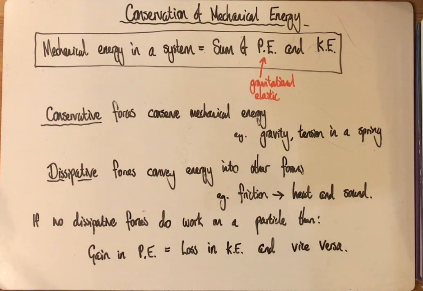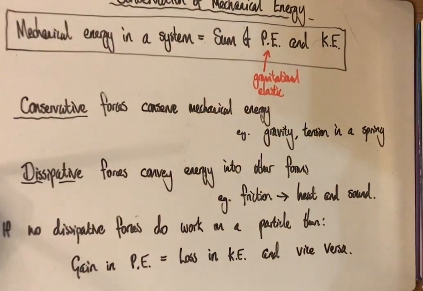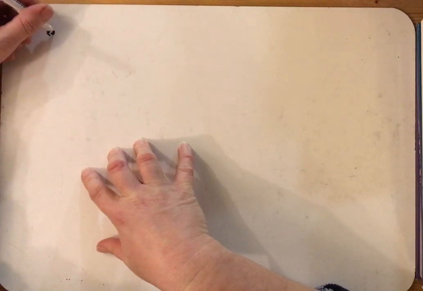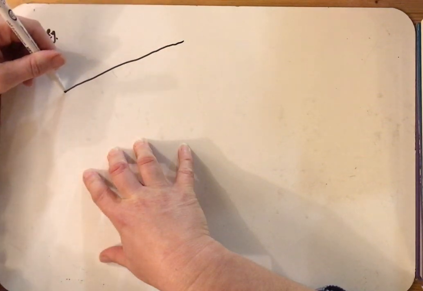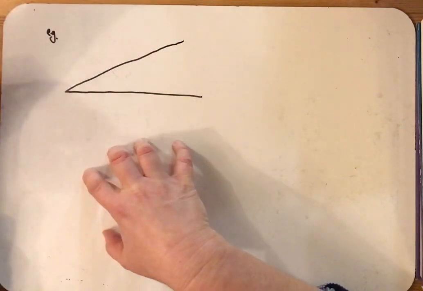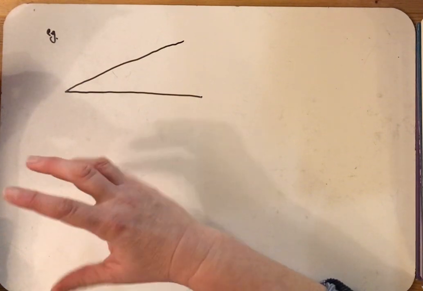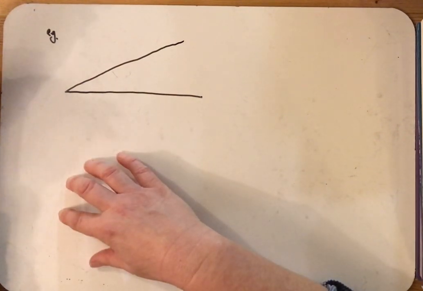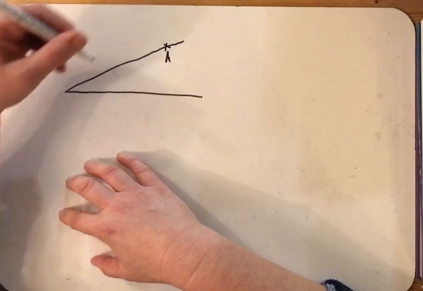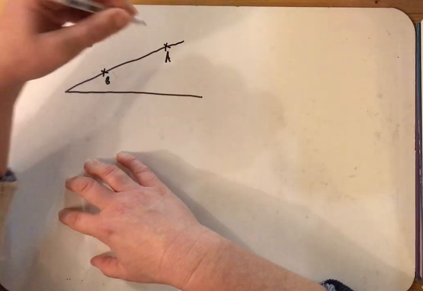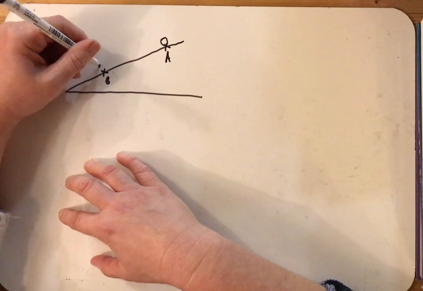So I'll go over an example to show you what I mean by that. You might want to pause and copy some of that down. So we're going to have a slope, and we're going to have a particle moving down the slope, and it's going to be a smooth slope, so that the only force acting is gravity, and we're going to ignore air resistance as well, and the particle is going to move from A to B. That's my particle.